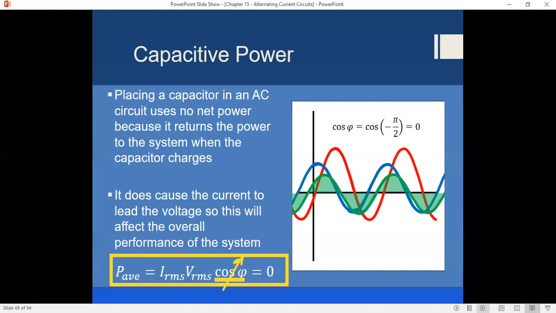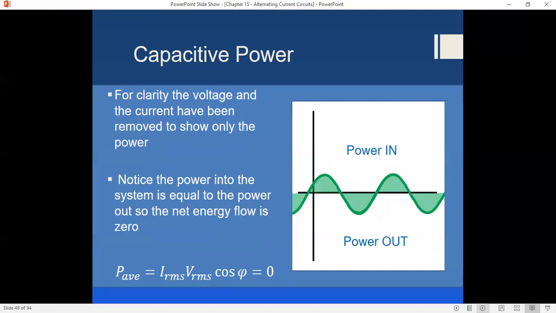So my net power for this capacitor is going to be zero. Okay, so again, up here, that's the power that's in. Down here, that's the power that goes out. Add the two together, net power is zero.